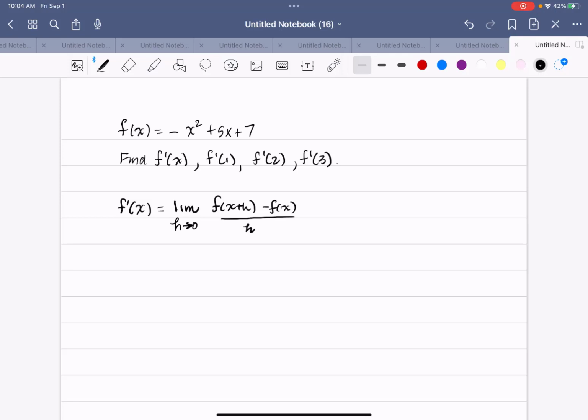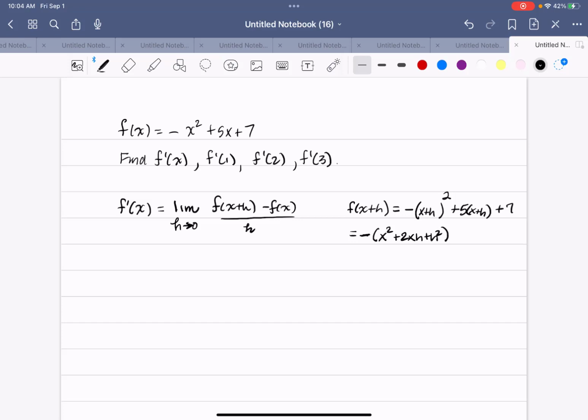Now we always start finding the derivative by doing f of x plus h, and we're going to have to be careful here because there's a minus outside of the square. We need to keep it there. And then I'm going to substitute in these parentheses, I'm going to put x plus h. So be careful. You've got to square first, x squared plus 2xh plus h squared, and there's a minus outside of that.